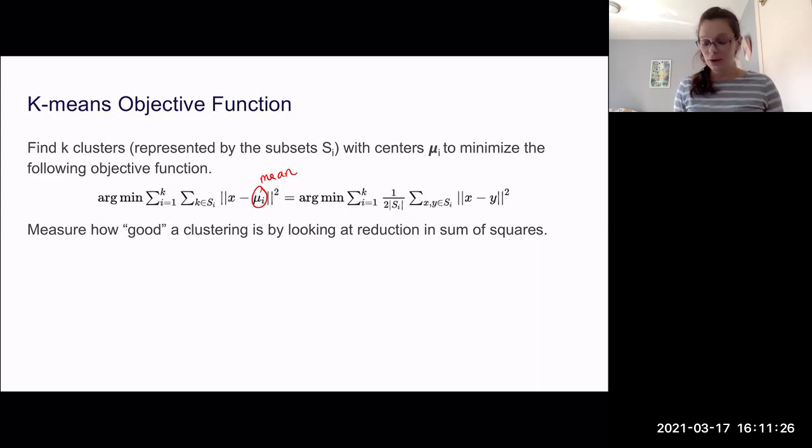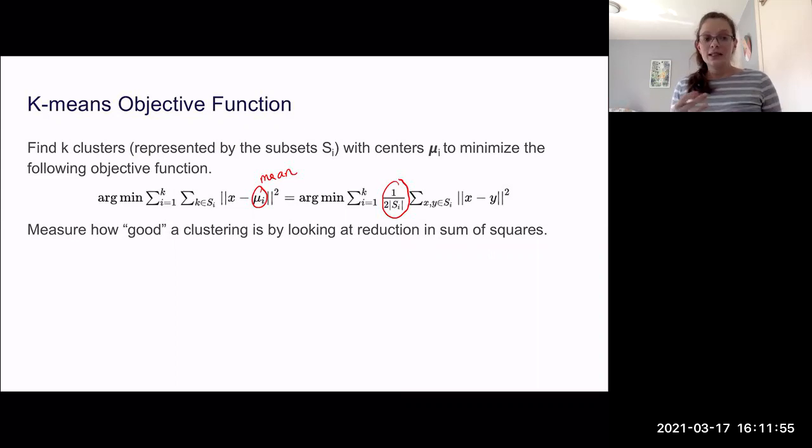which we could also have equivalently written by summing over all pairs of points and looking at their distance squared, but then we add in a weight by the size of the cluster. So these are equivalent ways of representing this optimization problem. This is a way of capturing those spherical clusters where we are looking for clusters where things that are a small distance apart are put into the same cluster and things that have a larger distance are put into different clusters.